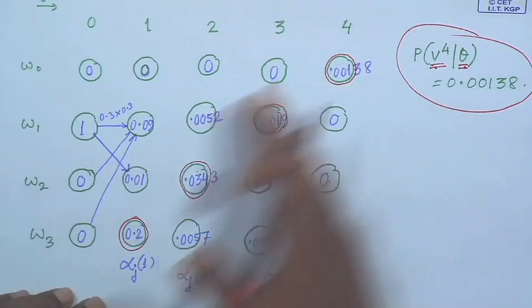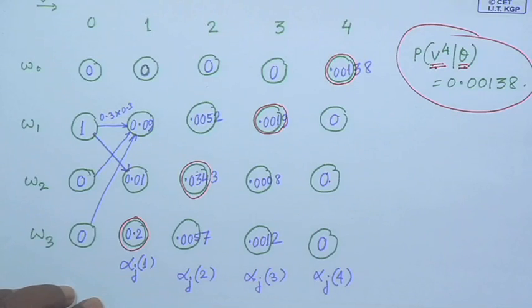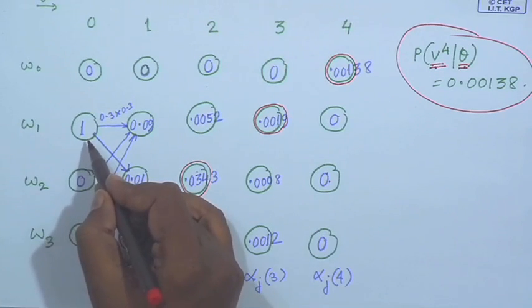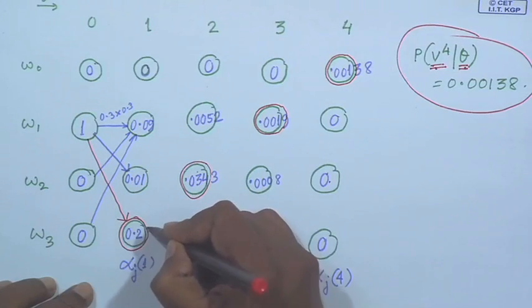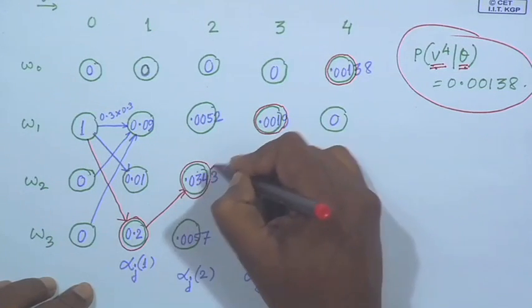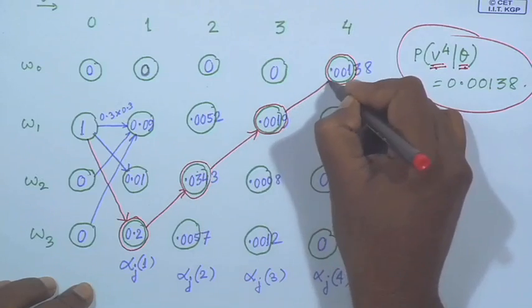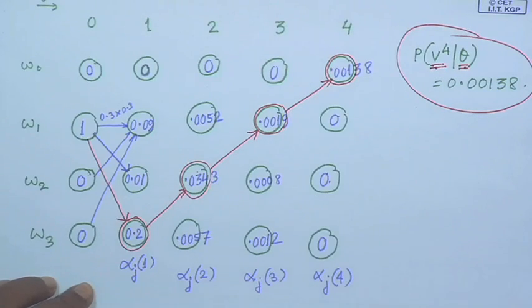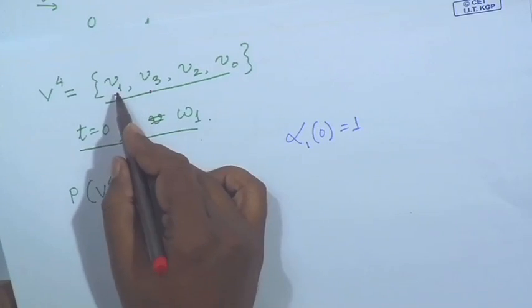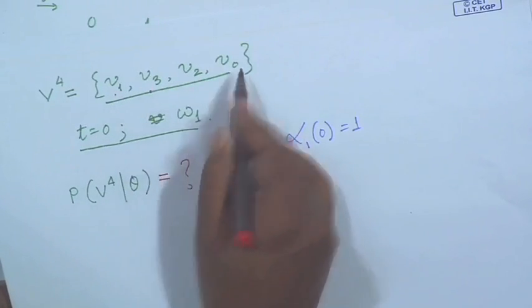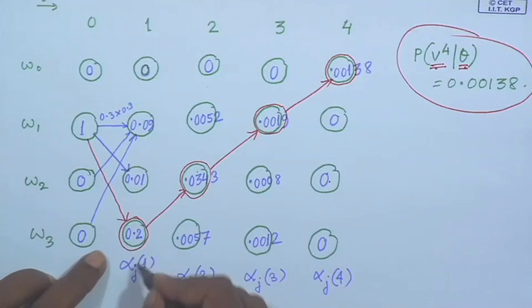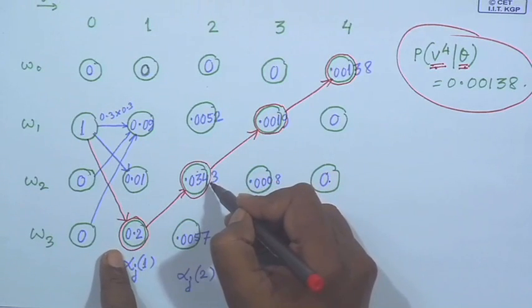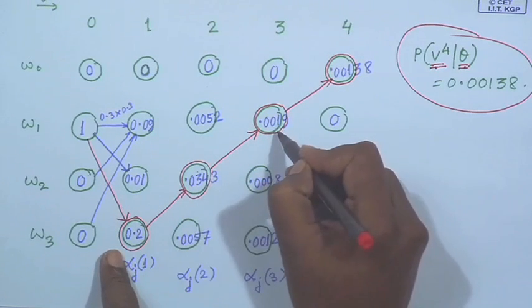So, once I have this trellis diagram, the decoding problem is very, very simple. I know my initial state was omega 1. So, the sequence of states through which the machine transits while generating this sequence V4, which is V1, V3, V2 and V0, is the sequence of states omega 3, omega 2, omega 1 and omega 0.